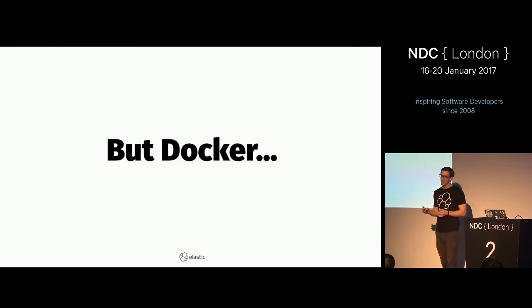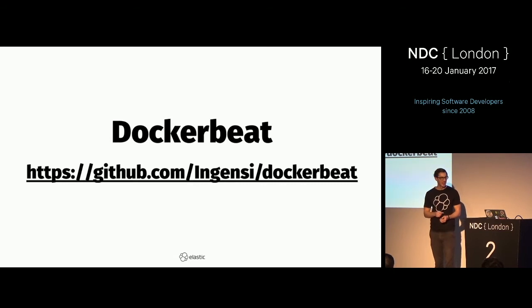And then what people mostly say is, but I only have Docker and I only care about Docker, and everybody just wants to use Docker. Somebody in the community then said, well, this is actually something we can build. They implemented something based on the Docker API and called it Dockerbeat. I think it reached version 1.0 and they were nice enough to write a blog post on our blog and release it.